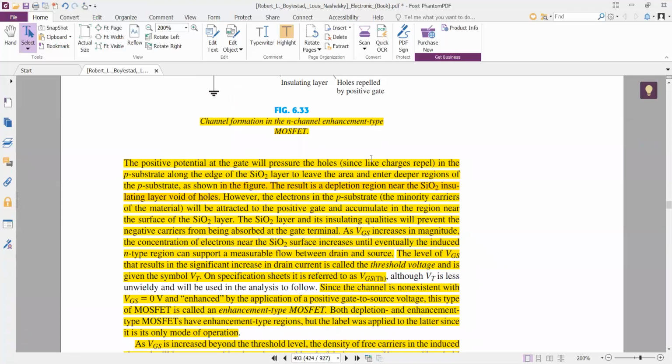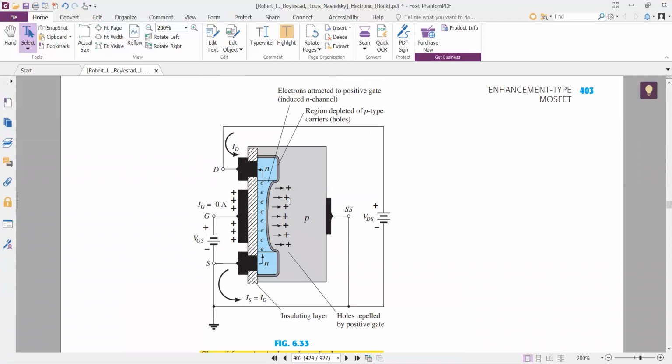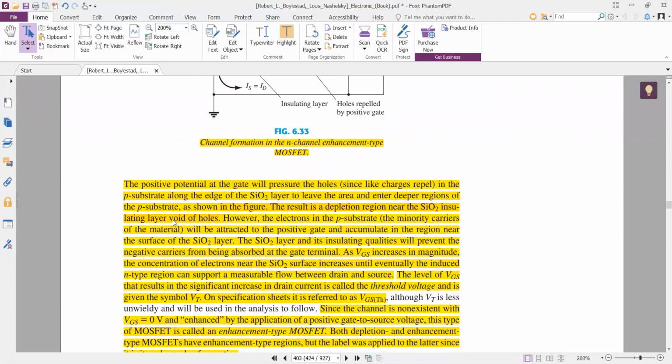So in this paragraph, this phenomenon is explained. The positive potential at the gate will push the holes deep into the substrate along the edge of the silicon dioxide layer, because like charges repel. Holes are pressed into the substrate due to the positive potential applied at the gate terminal.